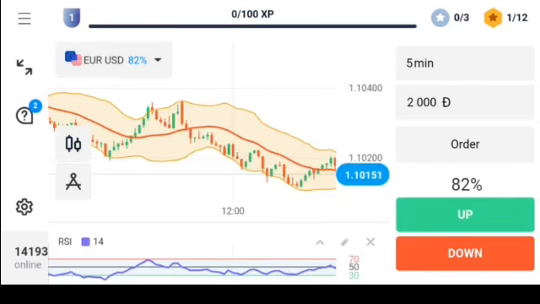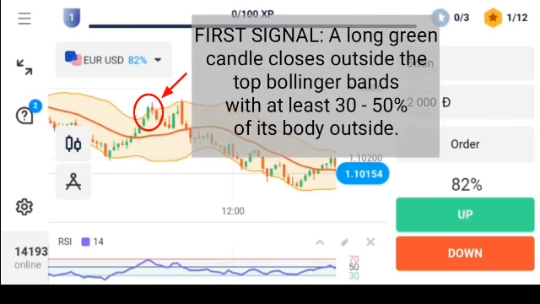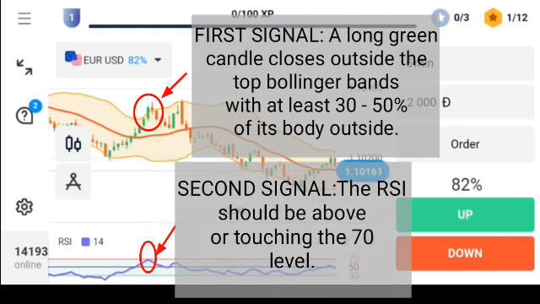So the conditions for a sell while using this strategy are: first, the first signal appears in the Bollinger Band when a strong green candle closes with at least 30 to 50% of its body outside the top Bollinger Band. And at the same time, the second signal appears in the RSI. That is, the RSI should be above the 70 mark at the same time the Bollinger Band signal occurs.